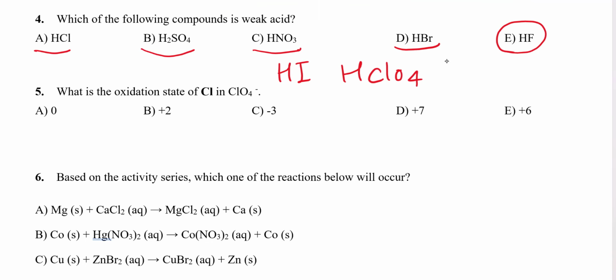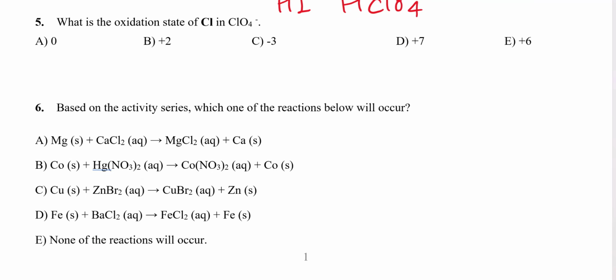For question number 5, we would like to find the oxidation number of chlorine in the perchlorate ion. We know the charge of this ion is -1, so the total of the oxidation numbers for all atoms should equal -1. We don't know Cl, so we just write Cl, and we have 4 oxygen, and we know the oxidation number of oxygen is -2.